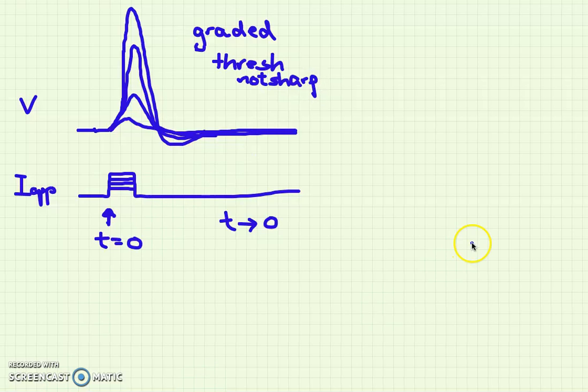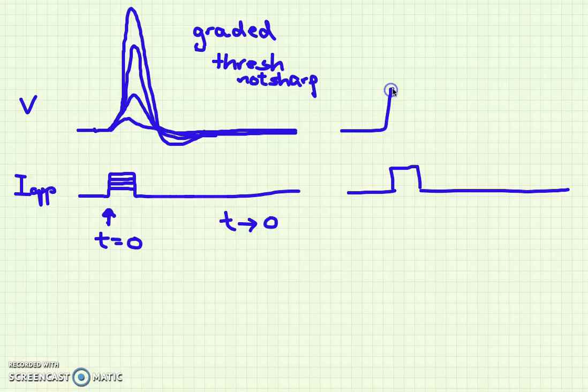Now, it could have been otherwise. Another type of response is often observed. A depolarizing current pulse will lead to an action potential, as before. So let's imagine another super threshold stimulus.